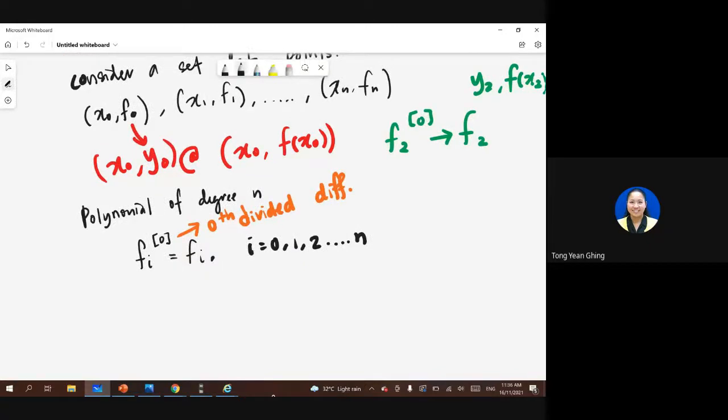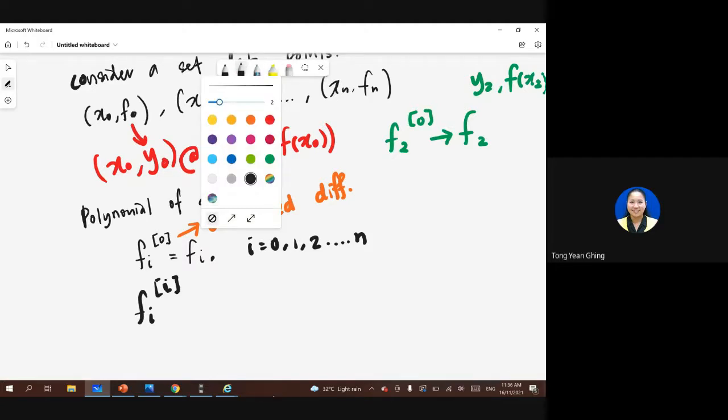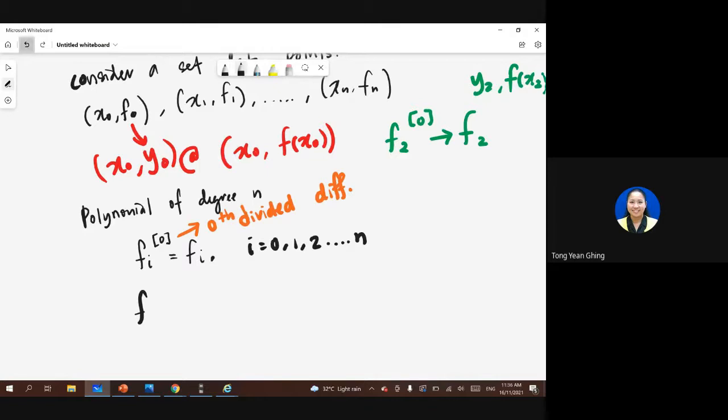If I want to find the next divided difference, this is i, until n. Okay, this is i. So it is equal to f i plus 1, j minus 1. I copy it first, later I will explain how this works.